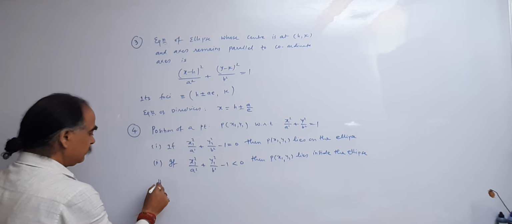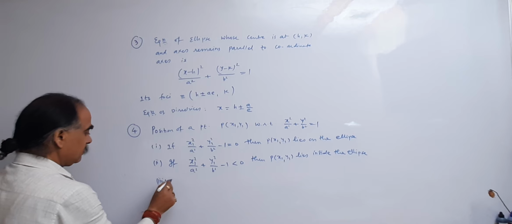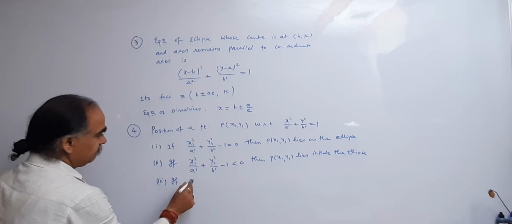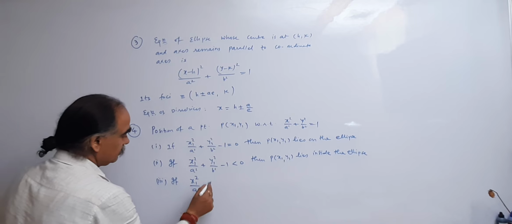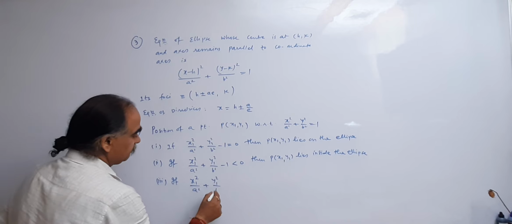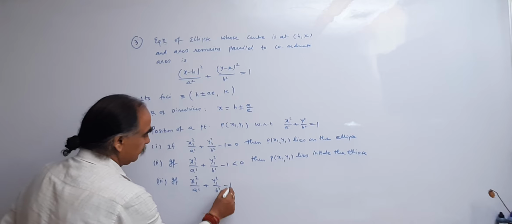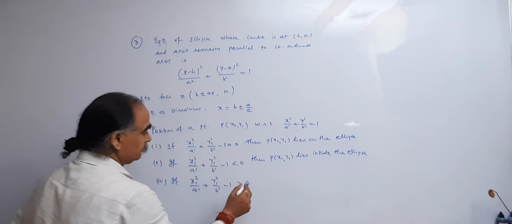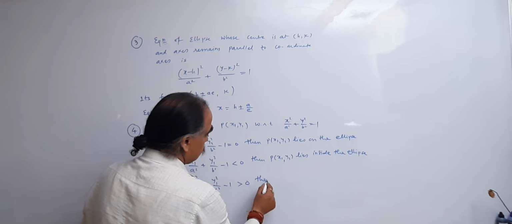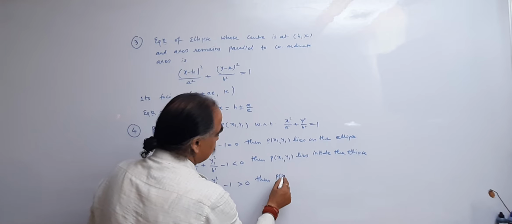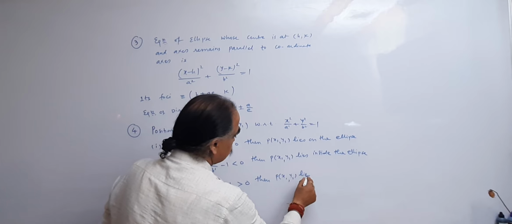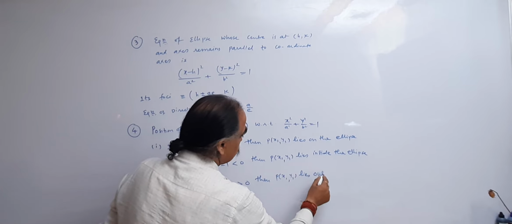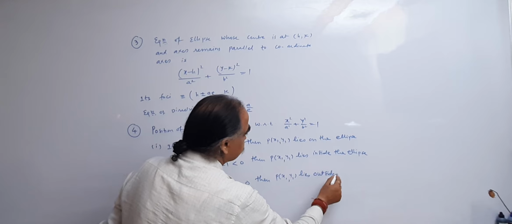Point number 3, if x1 square upon a square plus y1 square upon b square minus 1 is greater than 0, then P(x1, y1) lies outside the ellipse.